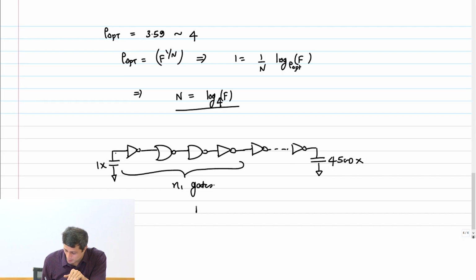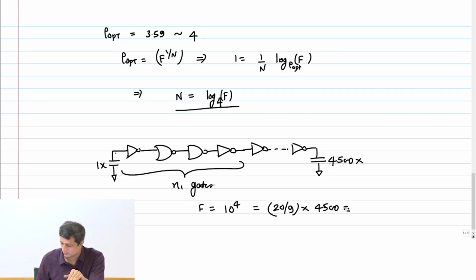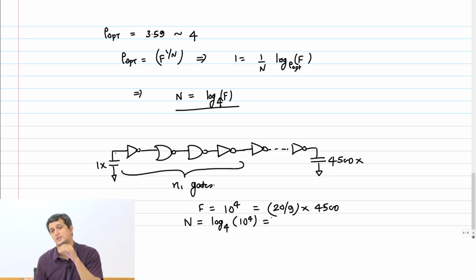So what is the optimal? So what did we get as F? 10 power 4. And how did we get that? We got it as 20 by 9 into 4500, which is basically 10 power 4, right? So therefore, the optimal number of gates should be log to base 4 of 10 power 4. What's that number?